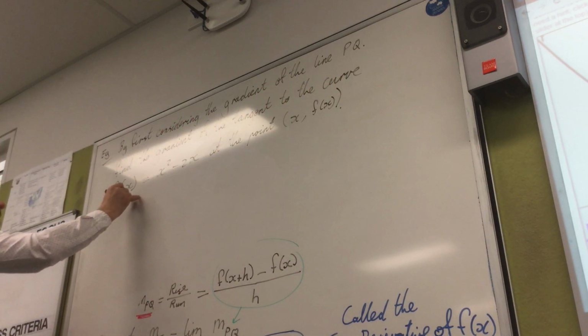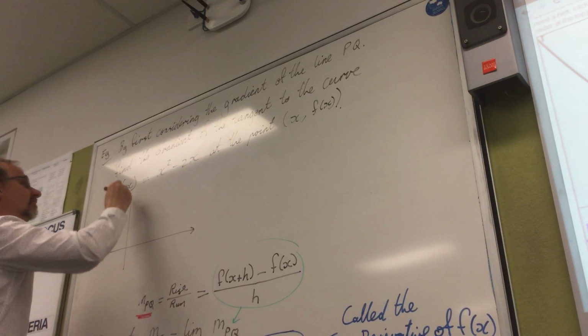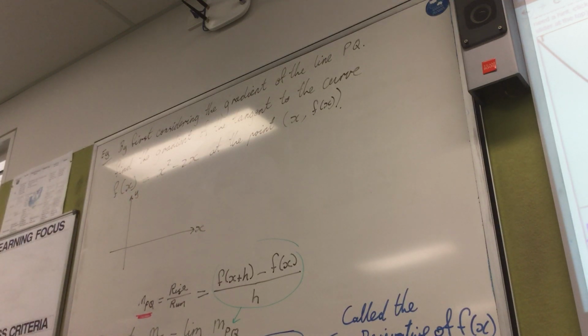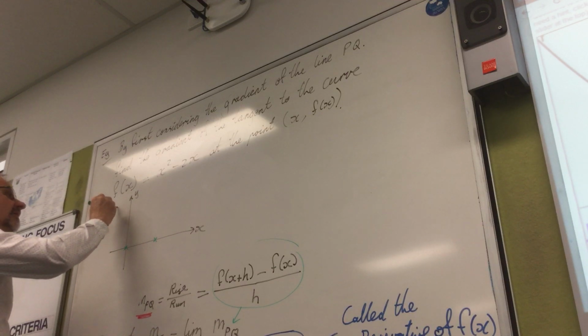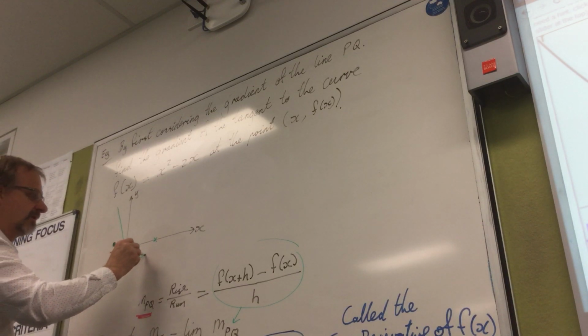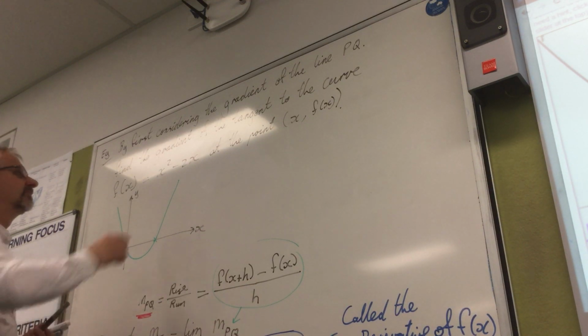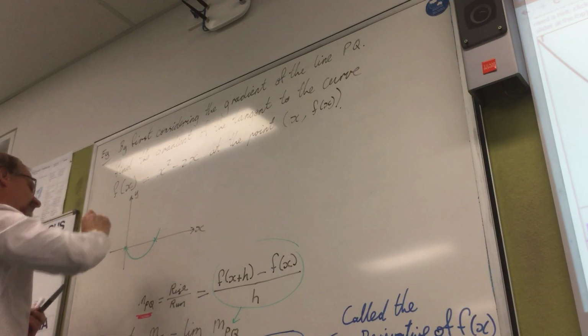Alright, I'll do a rough sketch of this. So x squared minus 2x will have intercepts at 0 and 2. Doesn't it keep going?